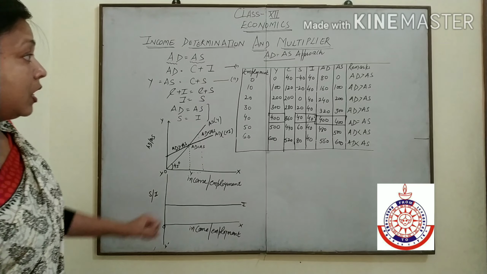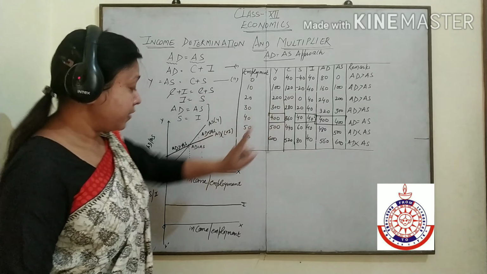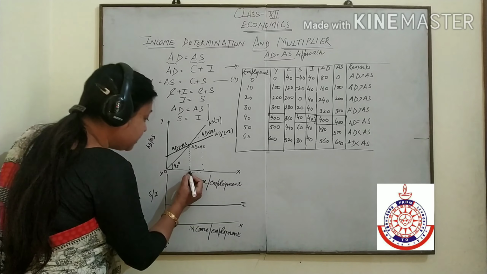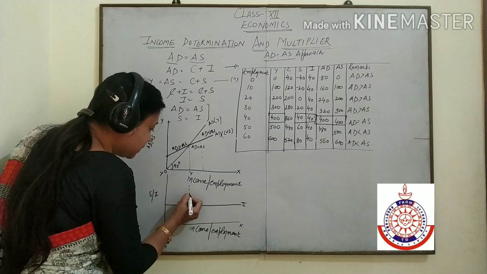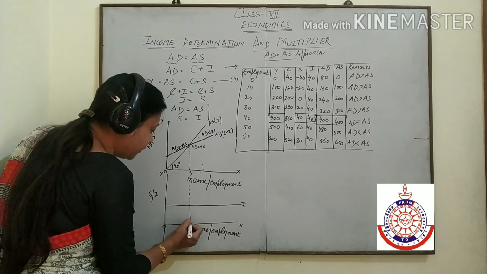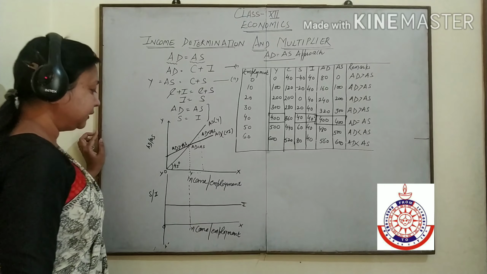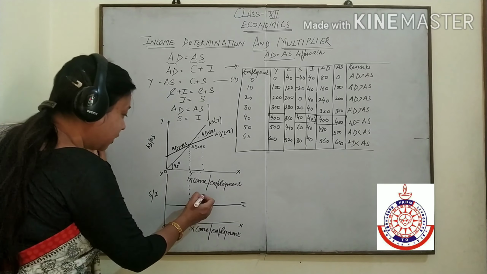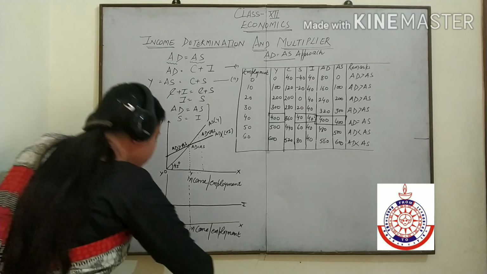And up to here saving is negative and 0. See this level of income, the same level of income we are considering here. At the same level of income, saving is equal to investment.